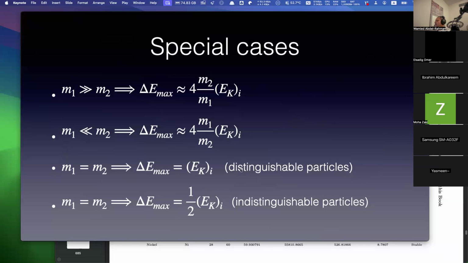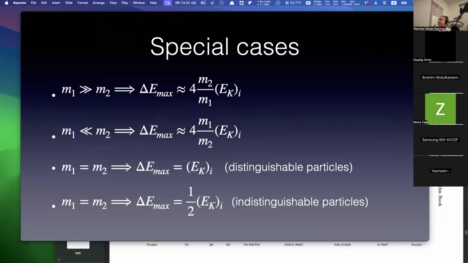And this is the case when we can distinguish the two particles. But if we cannot distinguish the two particles, the two particles are indistinguishable. So an example would be an electron scattering off an electron, elastic scattering through a head-on collision. Then the maximum energy transfer in this case is going to be half of the kinetic energy.